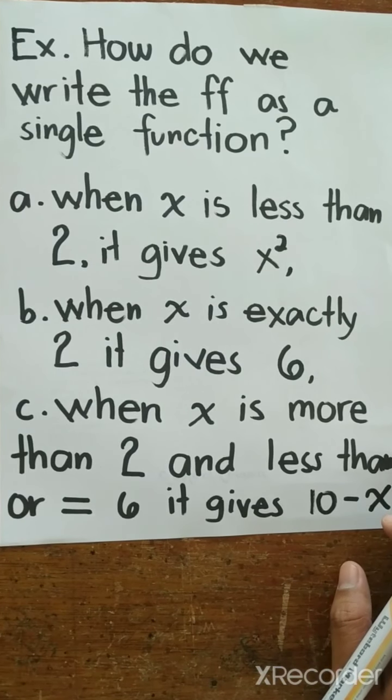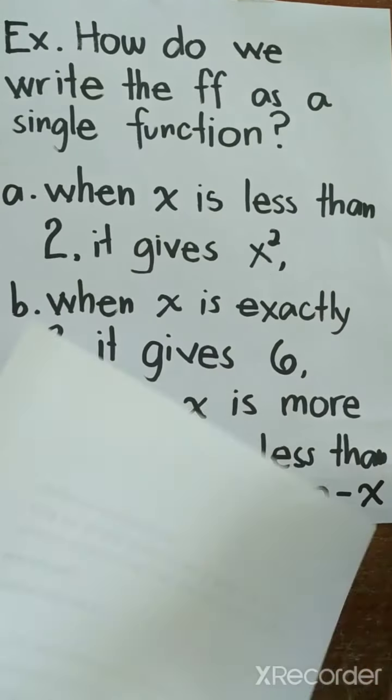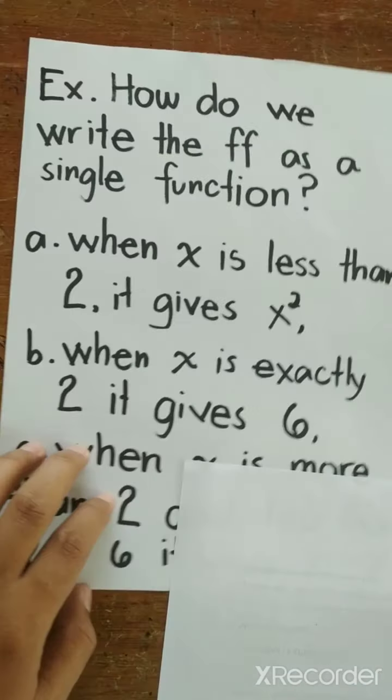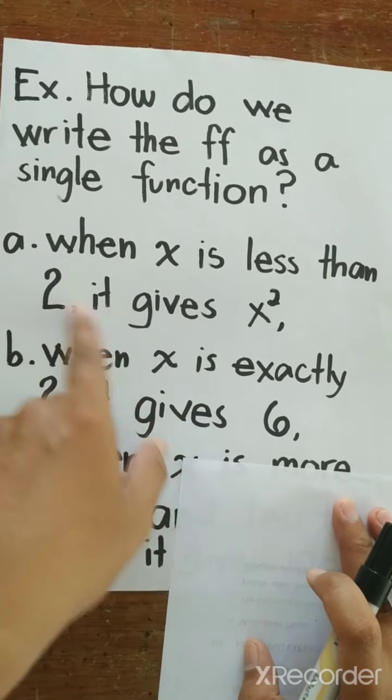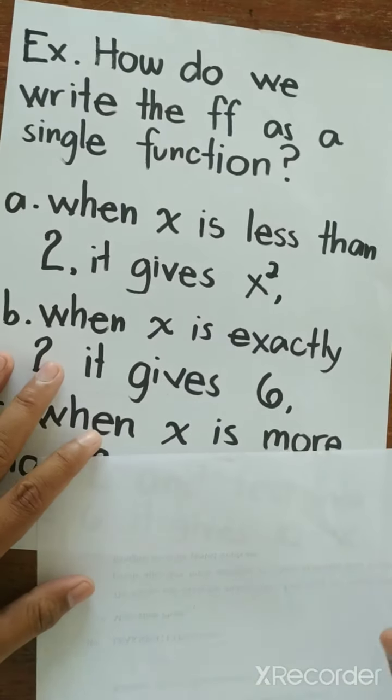We need to understand the problem, and then we are going to write it as a function, and then we are going to graph it. So first let us analyze the first given. When x is less than 2, it gives x squared.